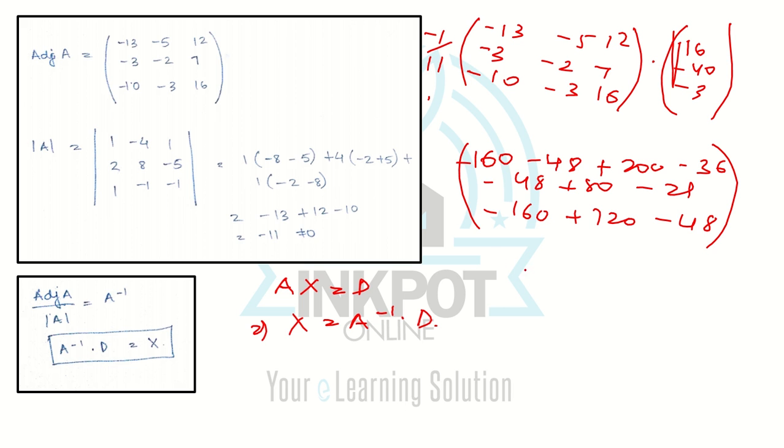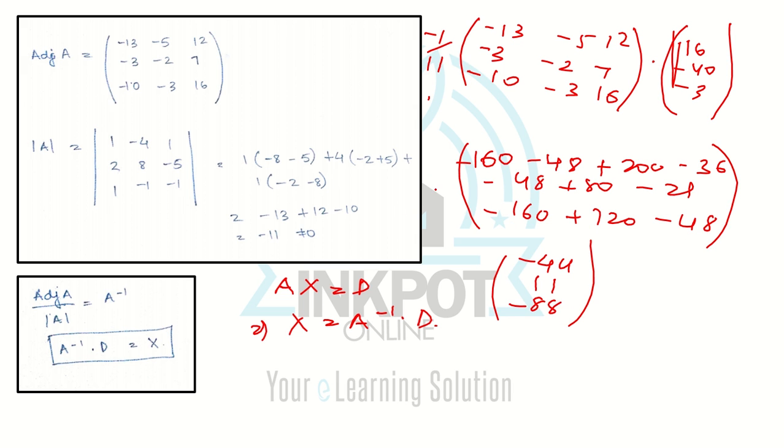Which is going to be equal to 160 minus 48 is minus 208, plus 200 is minus 8, minus 36 is minus 44. And then you have minus 48 plus 80 minus 69, so 80 minus 69 is just going to be 11. And then you have minus 160 plus 120, which is minus 40, minus 48, which is minus 88.